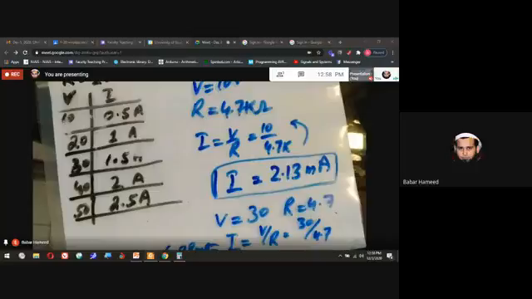This graph tells us that a change in voltage results in a linearly proportional change in current, no matter what the value of R. Assuming that R is constant, the graph of I versus V will always be a straight line. So here we have a straight line.